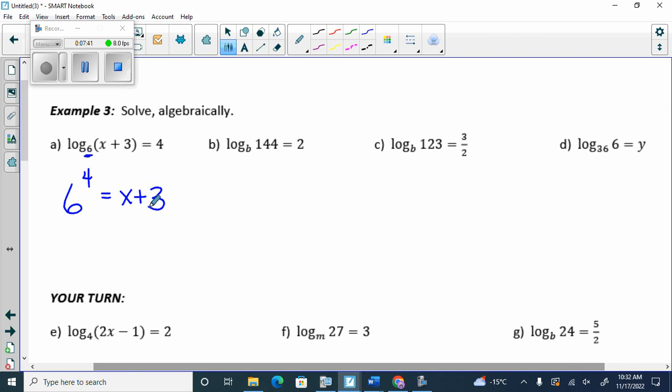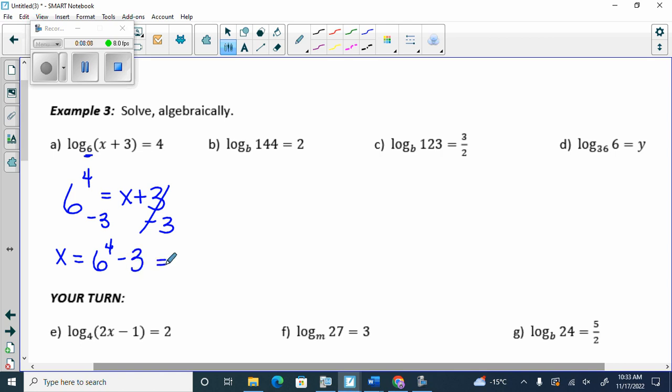Okay? Now this one doesn't want me just to convert. It wants me to solve. And solve means x equals number. We agree? So what do I still have to do to get x by itself? Minus the 3. So I'm going to get x equals 6 to the power 4 minus 3.